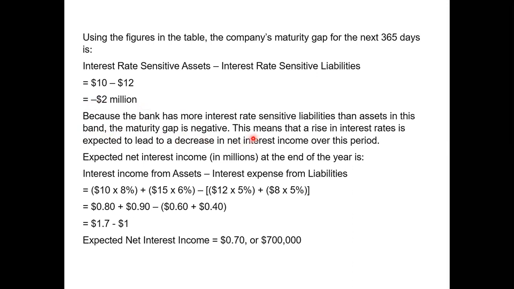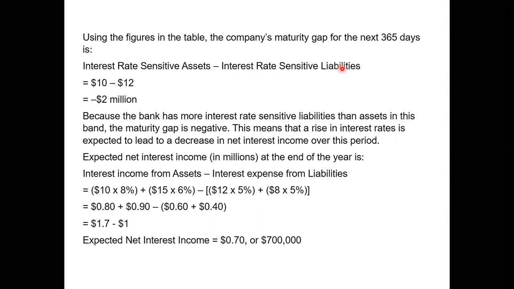This means that a rise in interest rate is expected to lead to a decrease in the net interest income over this period. Here the gap is negative. It means increases in the interest rate will cause increases in interest rate sensitive liabilities.